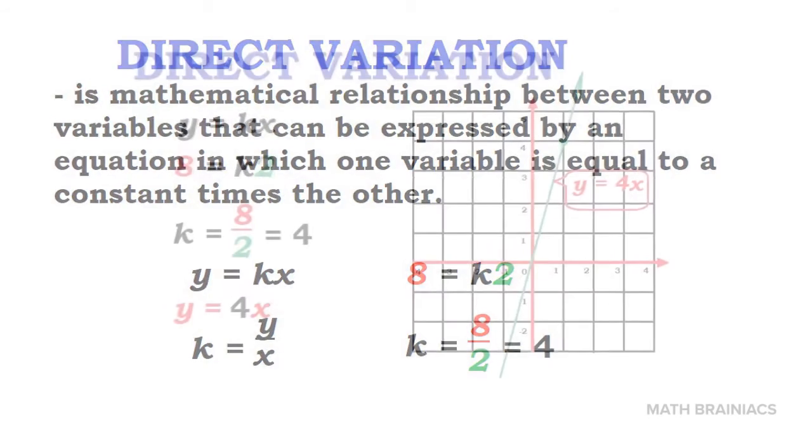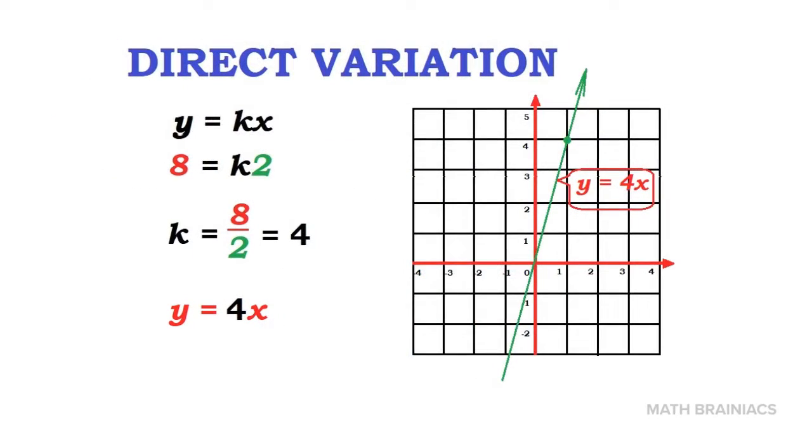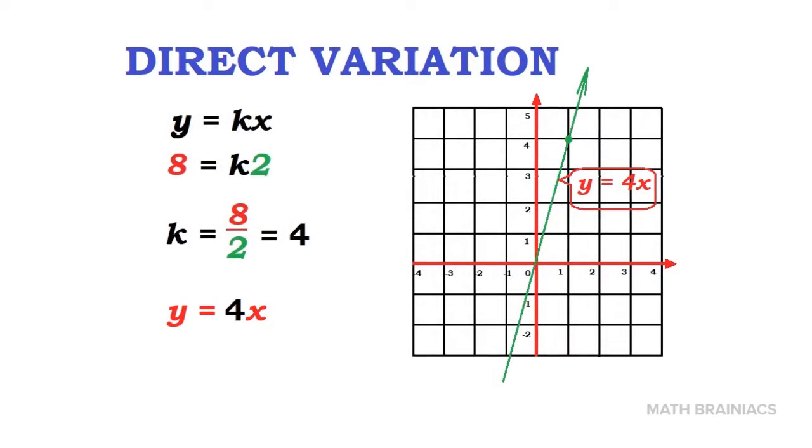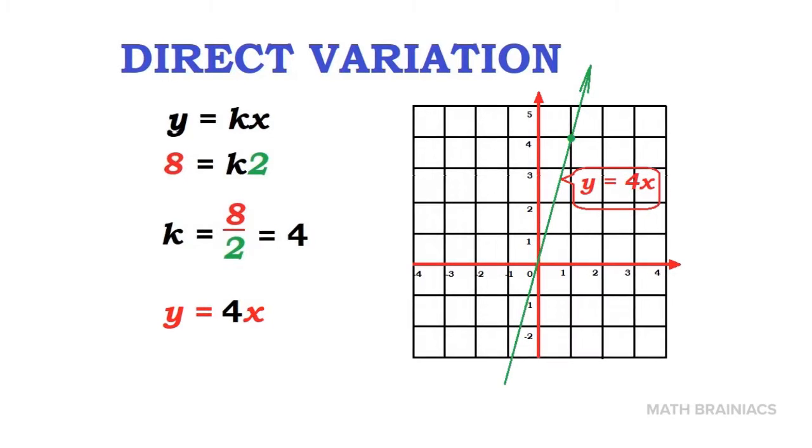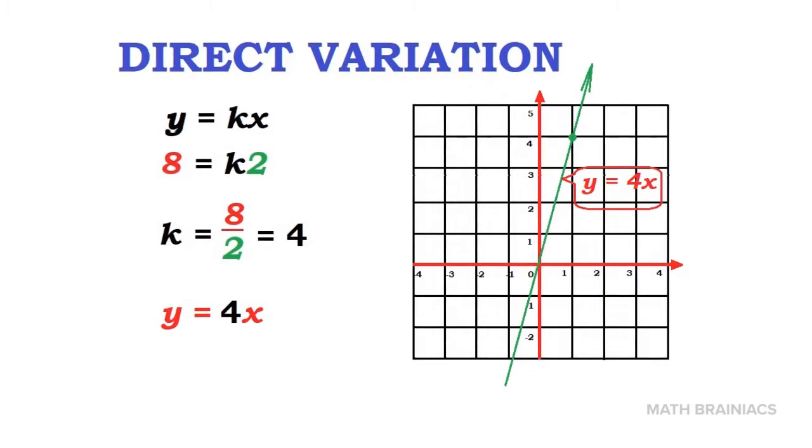Did you get it? To plot the line of the direct variation in a graph, we're going to plot the ordered pair in the Cartesian plane or coordinate plane. Like in this example, y is equal to 8 and x is equal to 2. Accordingly, when x is equal to 1, y is equal to 4.